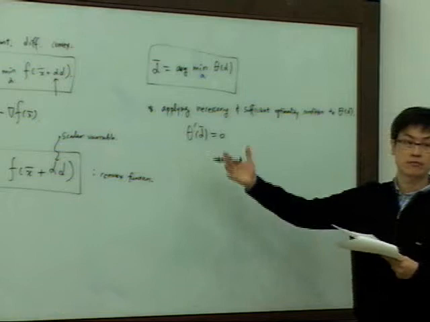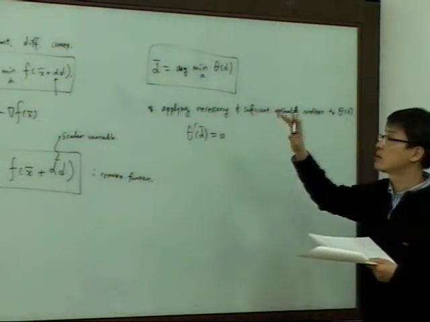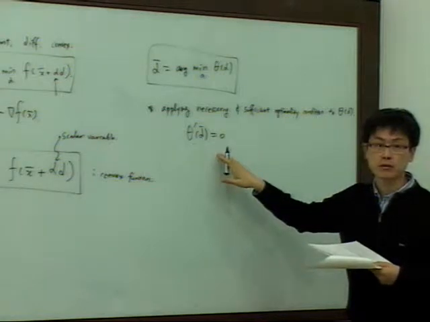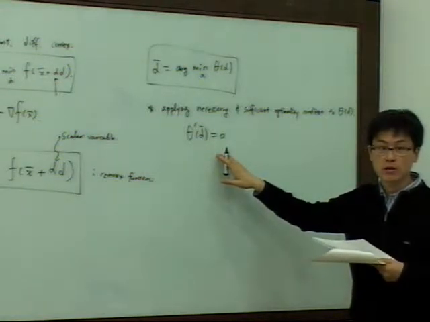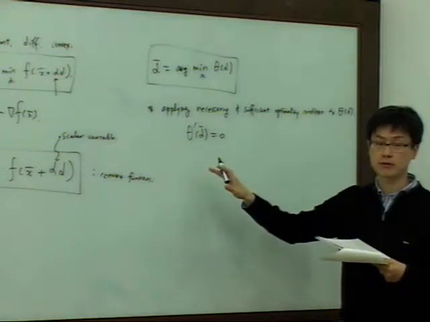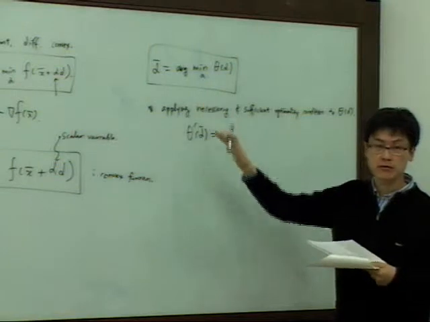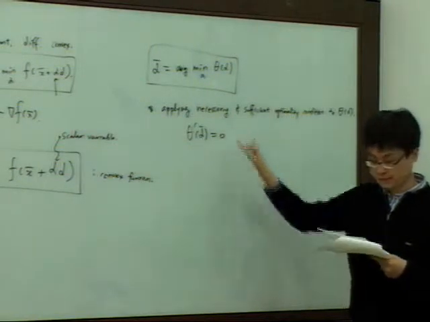If this is true, then this is the minimum value because we assume this is a convex function. If it's not a convex function, we are not sure. But for a convex function, this is true, right? Okay.